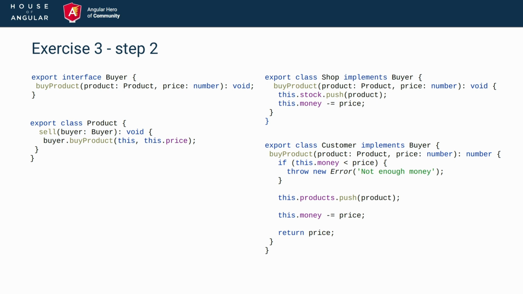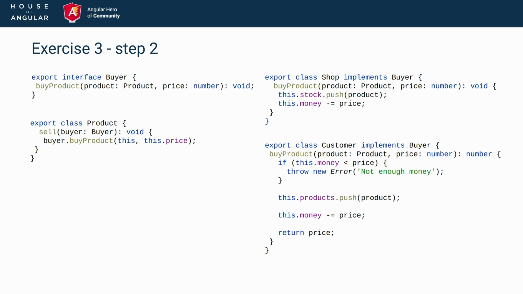For example, we can introduce this buyer interface, which has the buy product method. And we can implement this interface in our shop and our customer object.